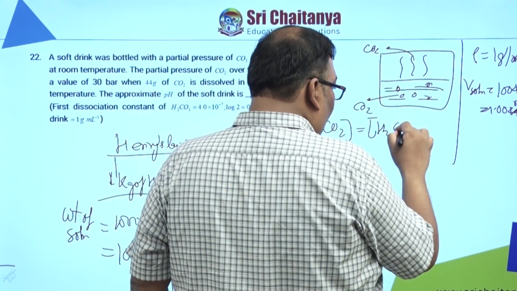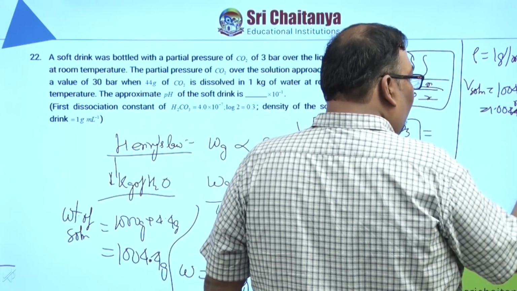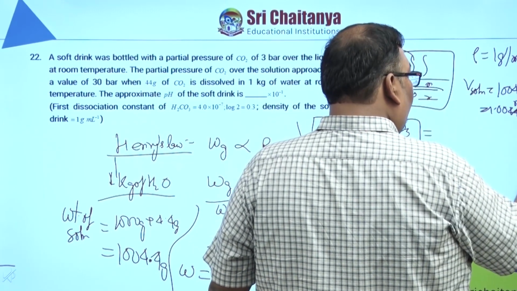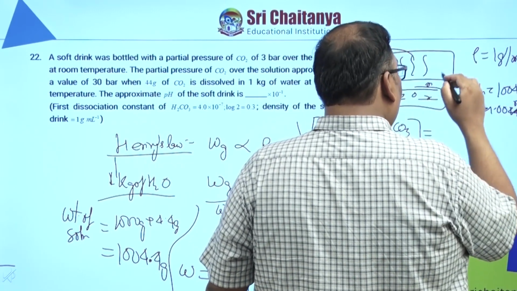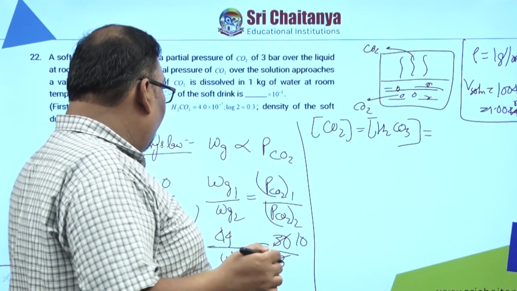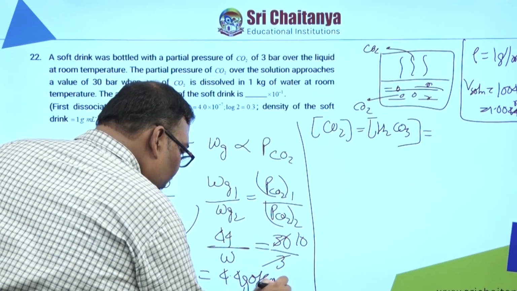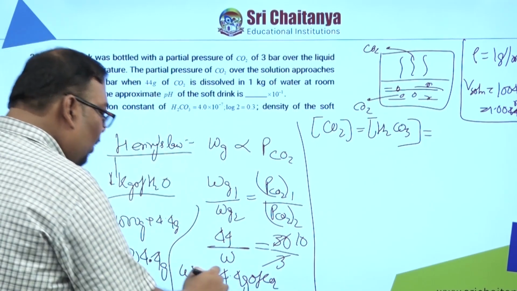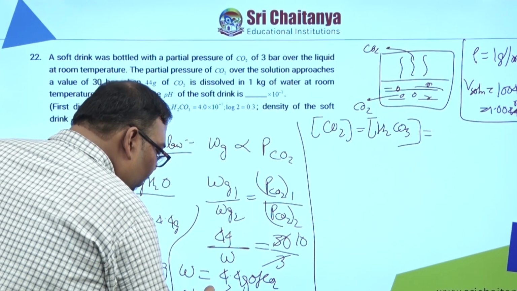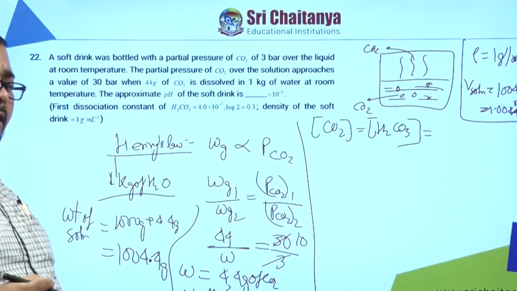So the concentration of CO2 will also be equal to the concentration of H2CO3, and that will be equal to number of moles by volume in liters. Now 4.4 grams of CO2 represents 0.1 moles of CO2, we just divide it by its molar mass, which is 44.